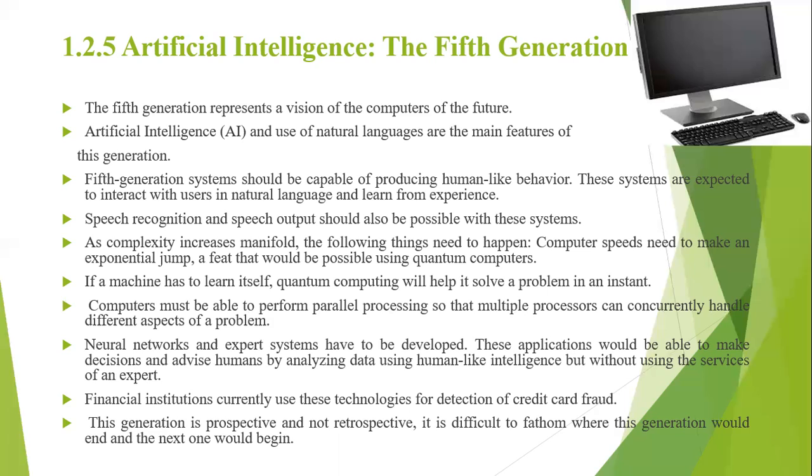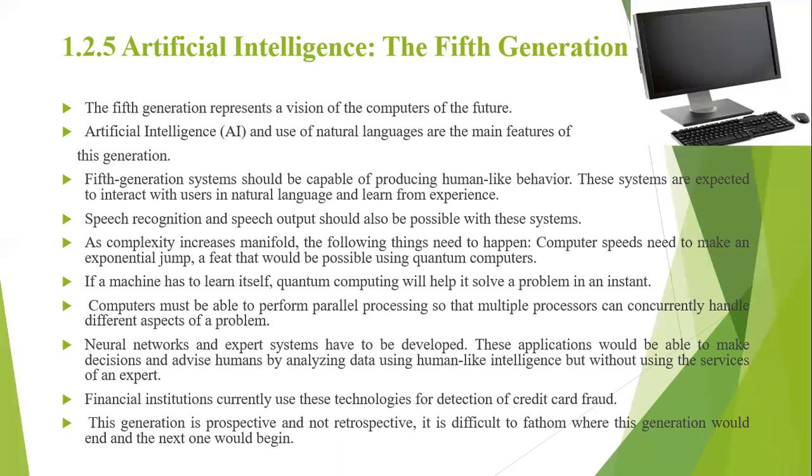Artificial intelligence, neural networks, expert systems, decision making systems. Research is going on still, and we don't know where we'll end up and what will come next. It's very difficult to predict the future technology.